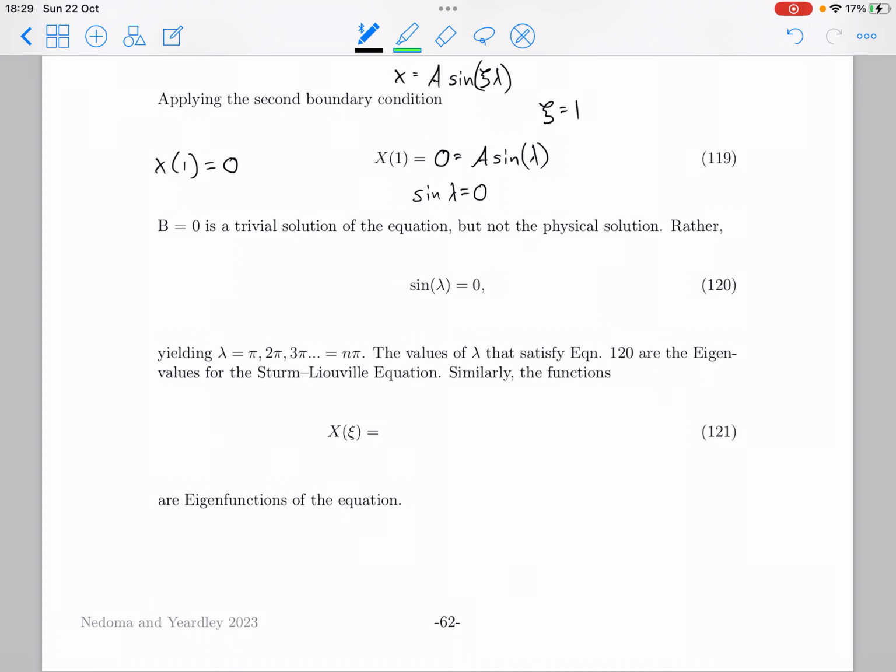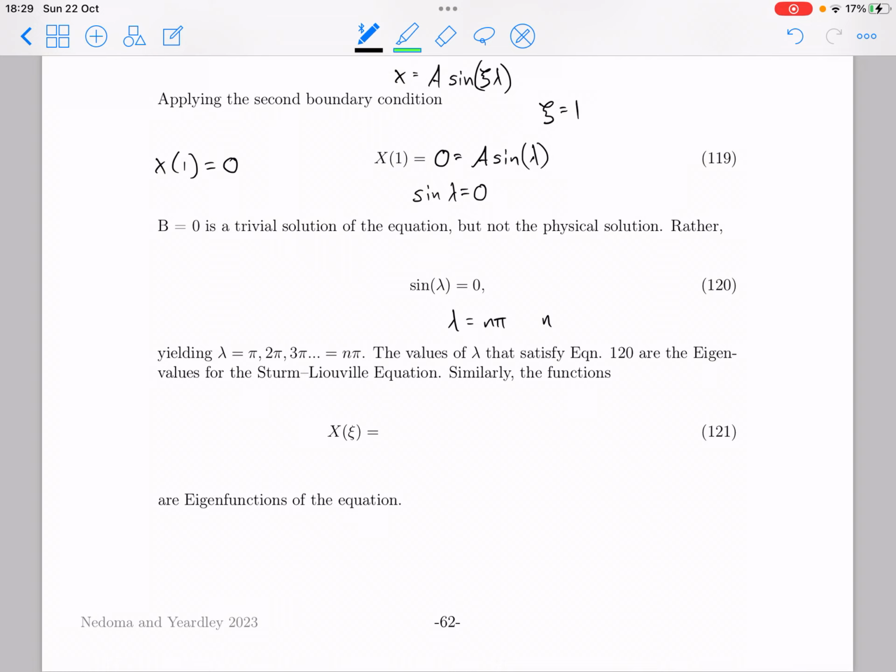So sine of lambda equals 0 when lambda is any multiple of pi. But we're going to exclude n equal to 0 because that will collapse our solution into a linear dependence. Mathematically, perfectly fine, but physically not acceptable. Our dependence on time is absolutely not linear, so we're only going to take those solutions which give us a more complex result.